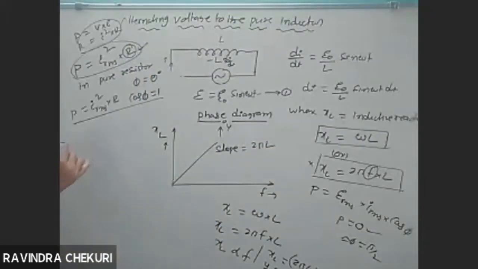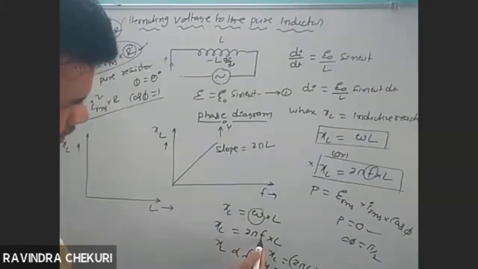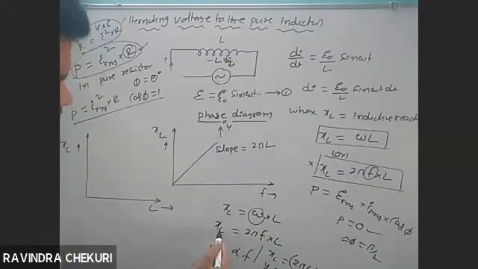What is the graph between XL and L? With frequency constant, L is directly proportional to XL, a straight line passing through the origin.